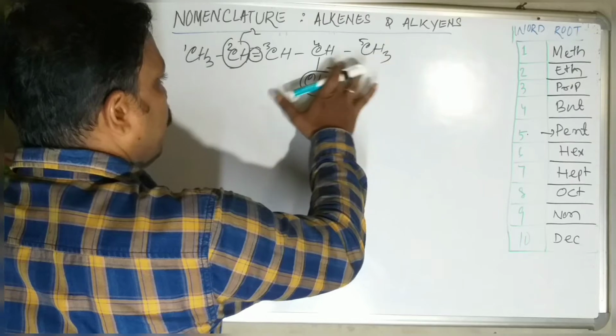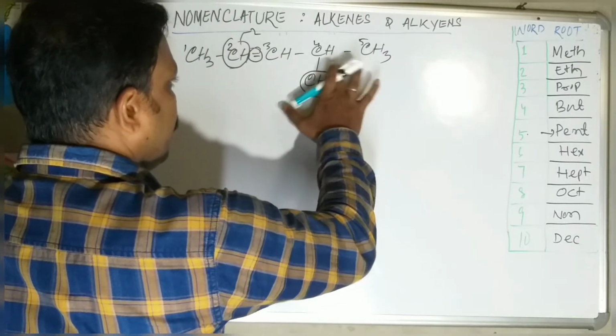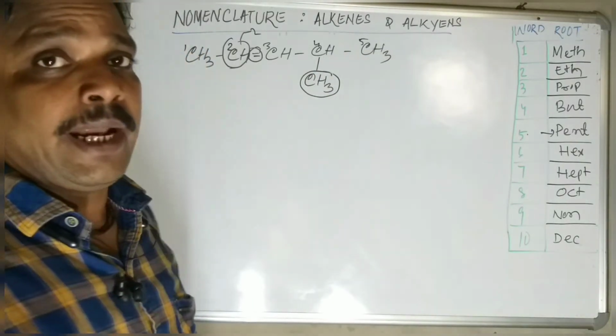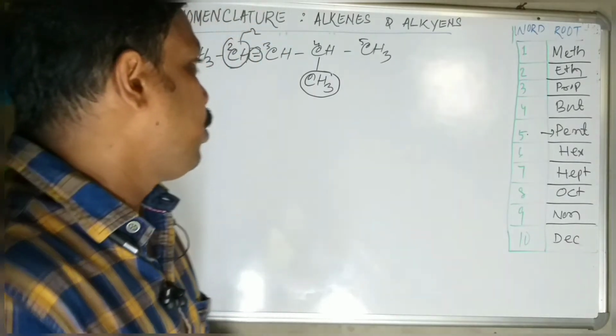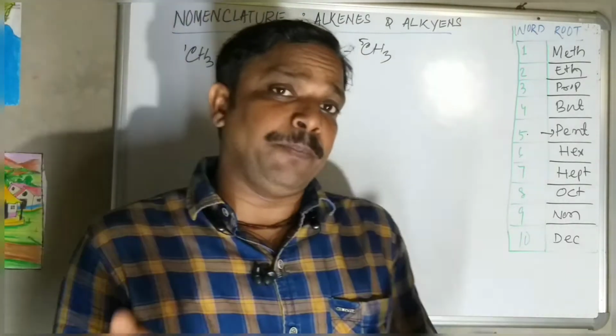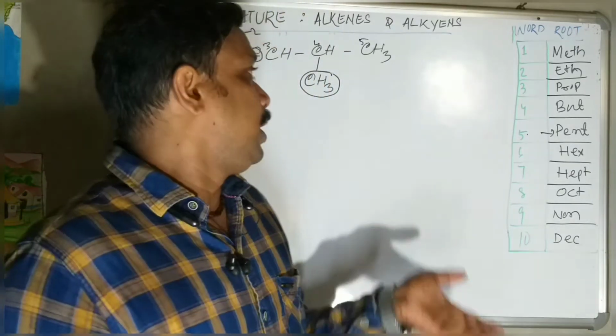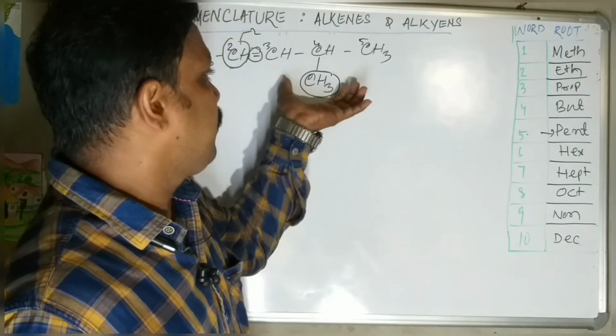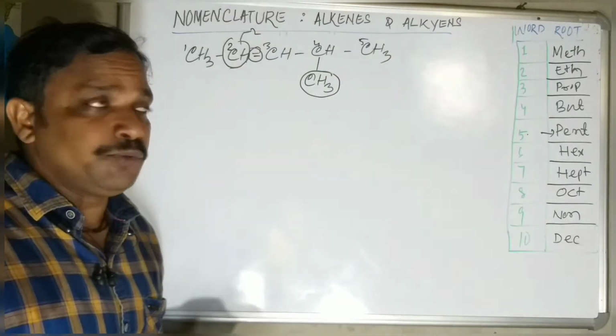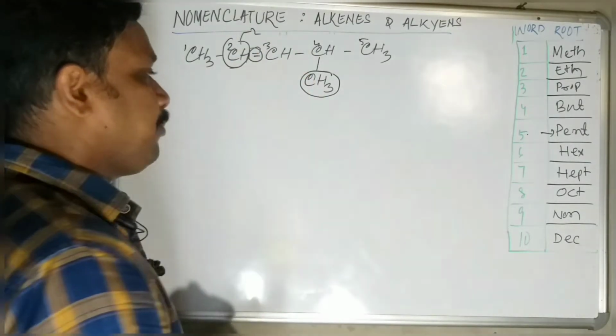From left to right. By the rule, we write the prefix first. What is the prefix? From last class we already discussed the prefix is the substituent. So the substituent is at 4th position.